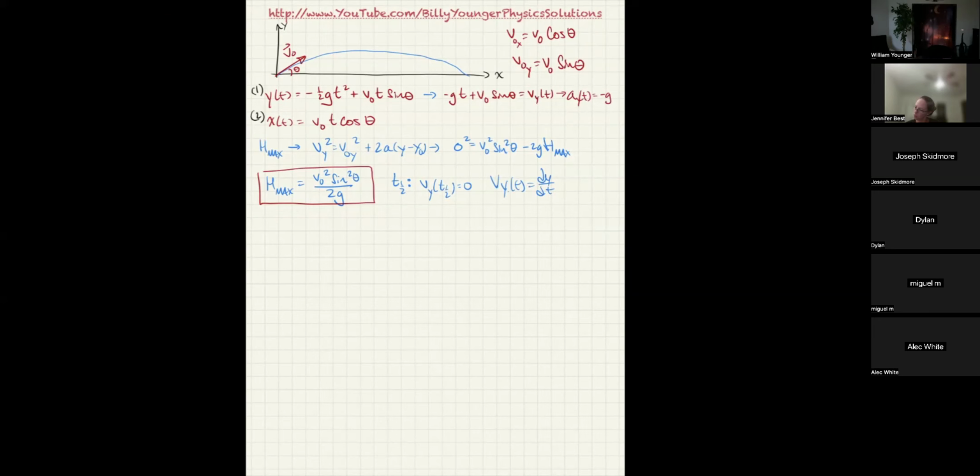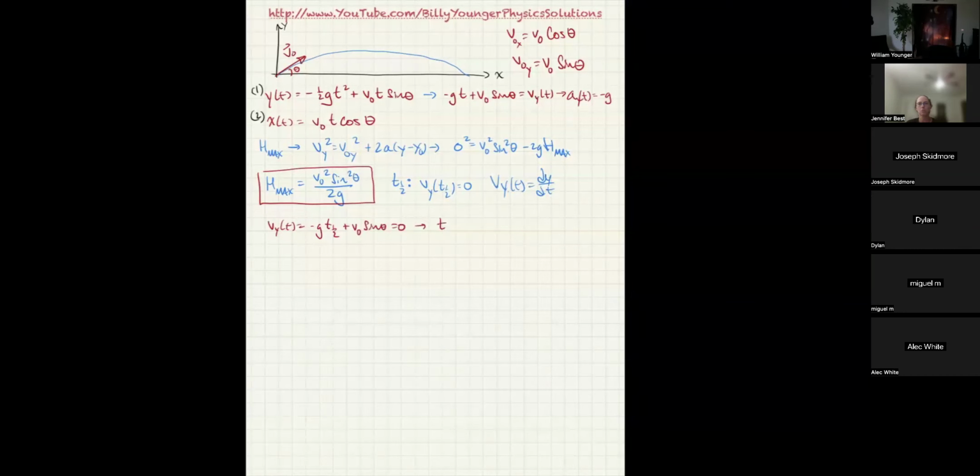So now I can say Vy of t 1/2 would be equal to negative g t 1/2 plus v0 sine theta, and I'm saying all that equals 0.